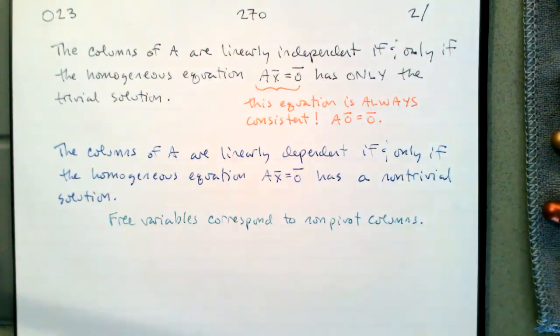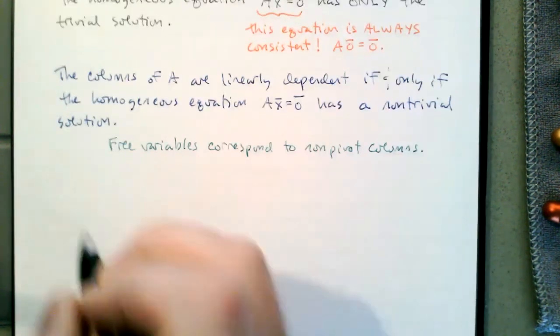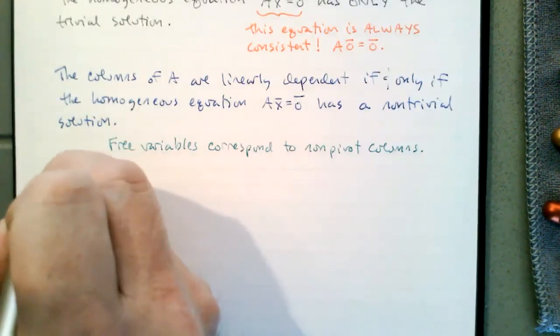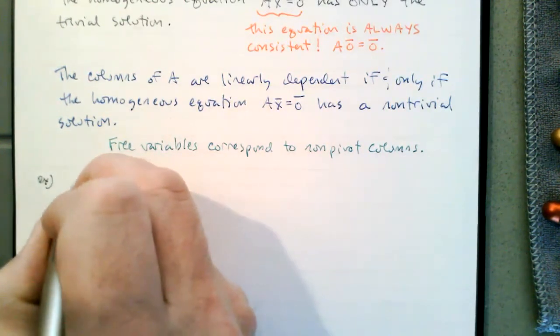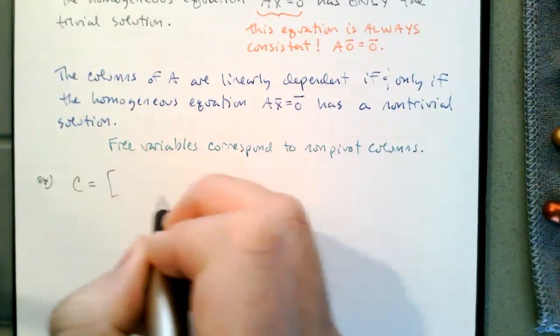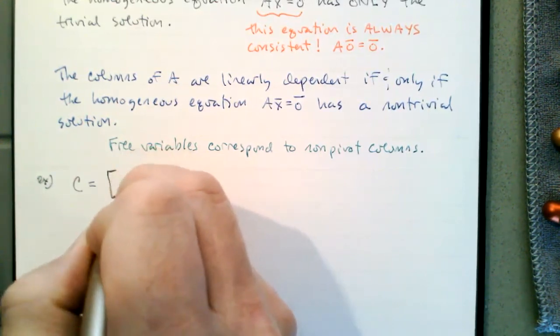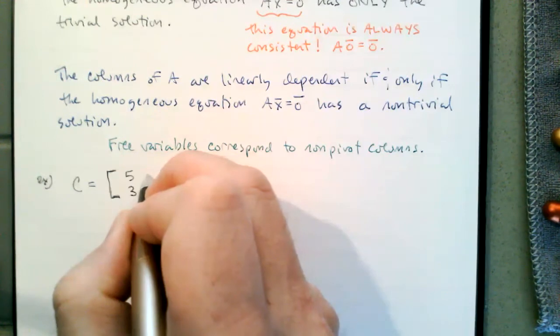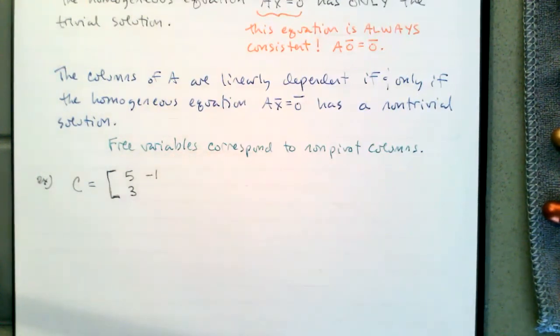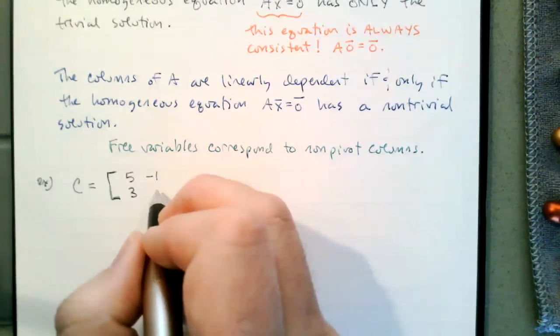So let's look at a smaller example. Let's suppose that we have a matrix C, and the matrix C is going to be 5, 3, -1. Oh, I don't need it to be a determinant 1.